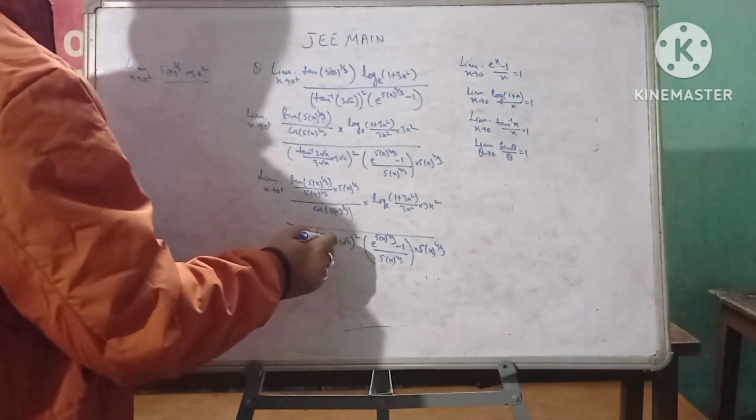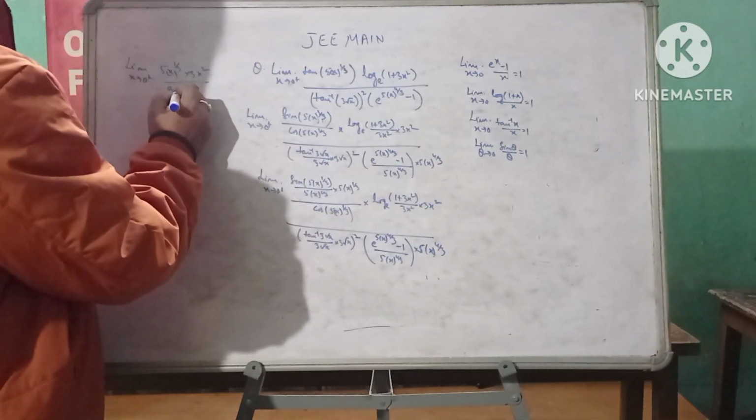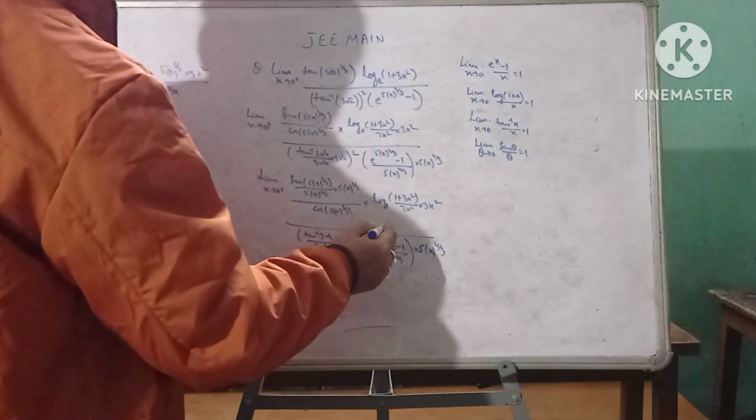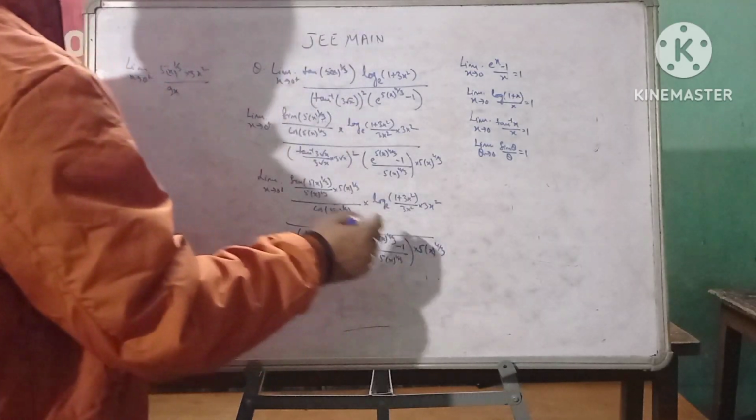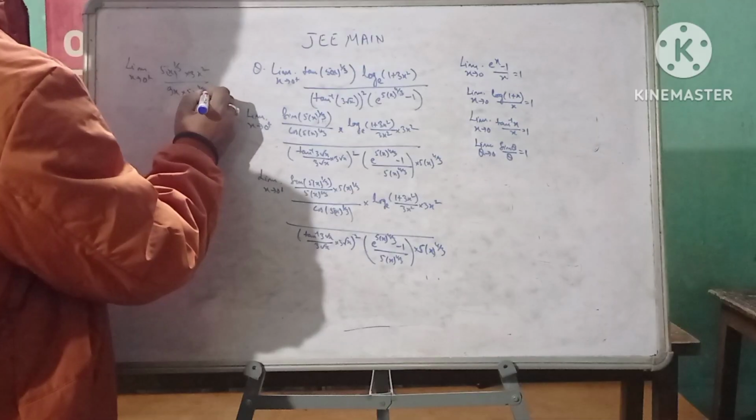Now here this is 1, so you are left with this. This is 9x, and here this is 1. You are left with 5x to the power of 4 by 3.